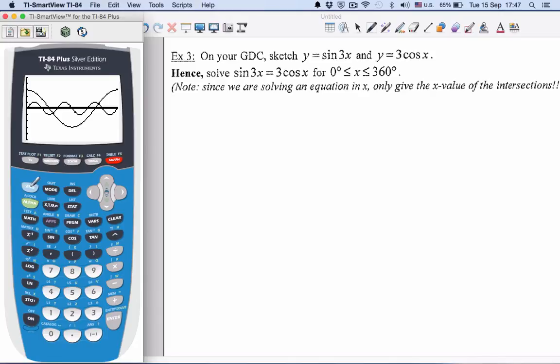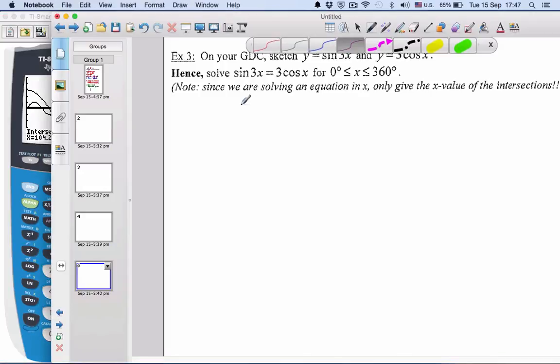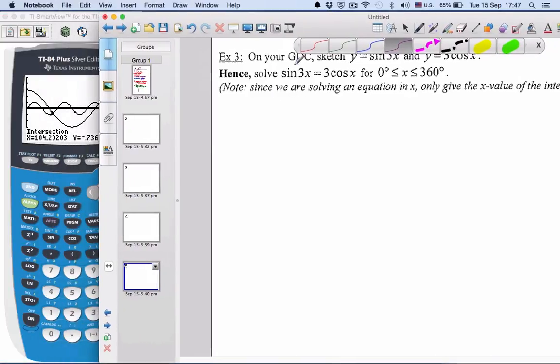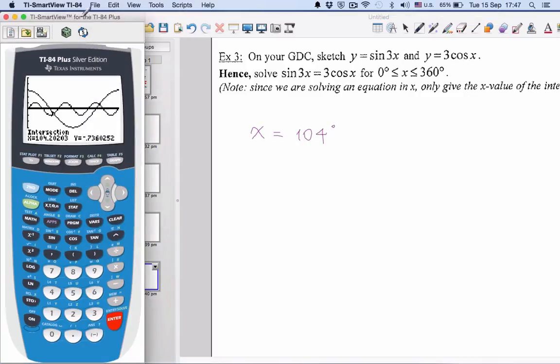So let's find those intersections. Second trace, 5. Again, you only have 2 functions, so you can do enter, enter. Guess I'm gonna go over here. Enter. Yeah, it says the first one is x equals 104 degrees. Okay, second one.